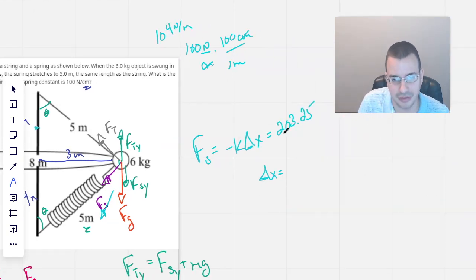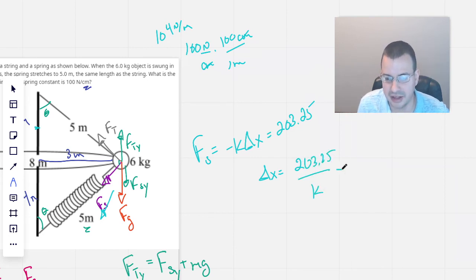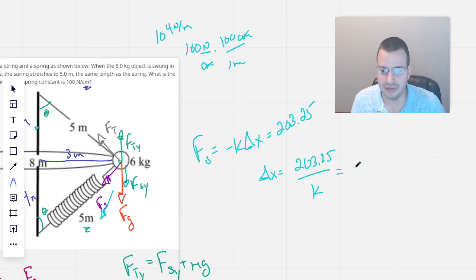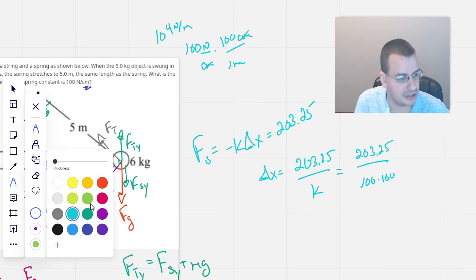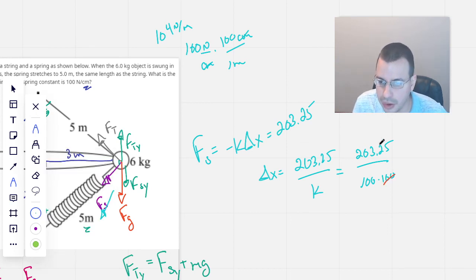So we have delta X equals 203.25 divided by K. And I just dropped the negative. So this is going to be the same as 203.25 divided by 100. And I just left the 10 to the 4th as 100s because it'll be easier to do this.